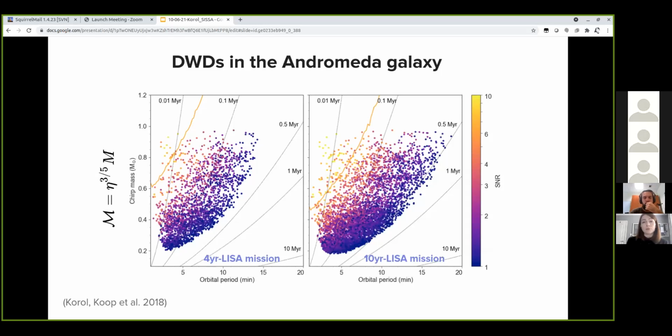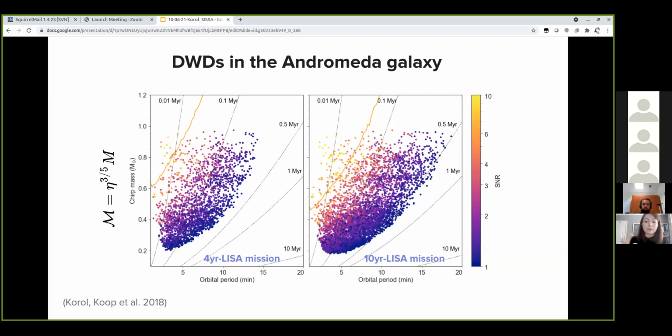So, here I'm showing you the result. Again, orbital period versus chirp mass, but now the color showing you the signal to noise ratio. Here I left the merger time as the dotted black lines, and the golden line showing you the LISA detection threshold at that distance. So if you count the points, you will find that for the 4-year-long LISA simulation, we have a dozen detections.